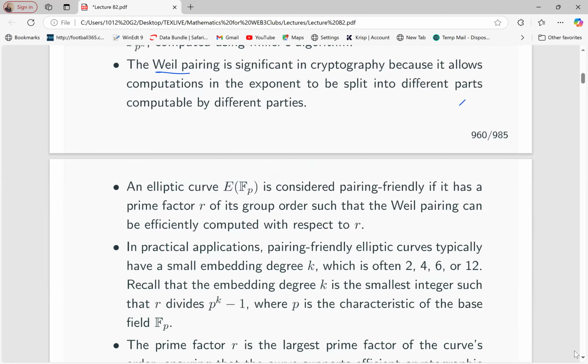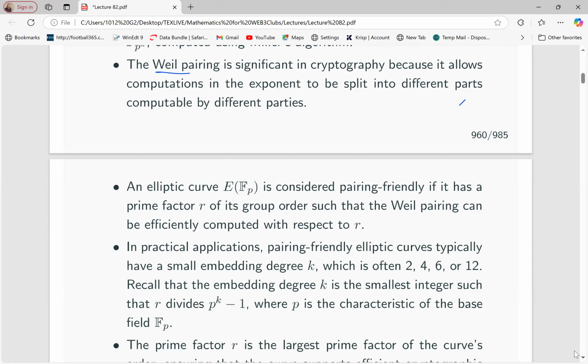Now, I already mentioned that Weil pairing cannot be defined on every elliptic curve. I've just given an example that if the divisor is 3 and below, Weil pairing cannot be defined on that curve.